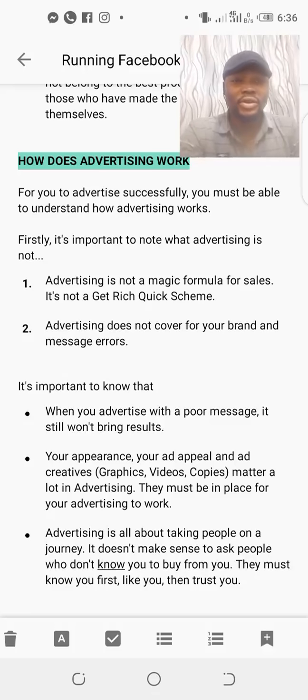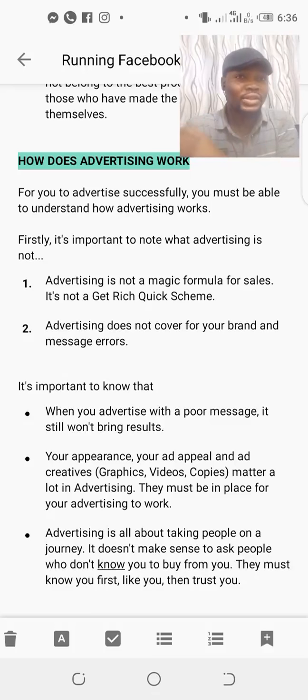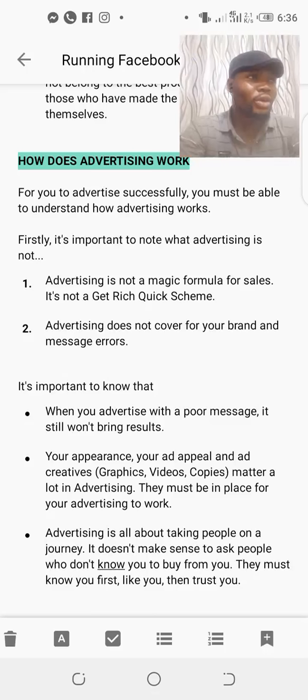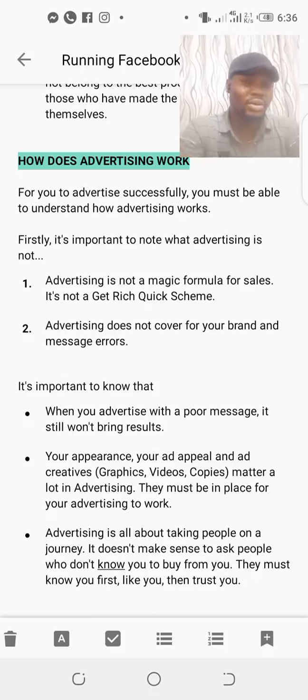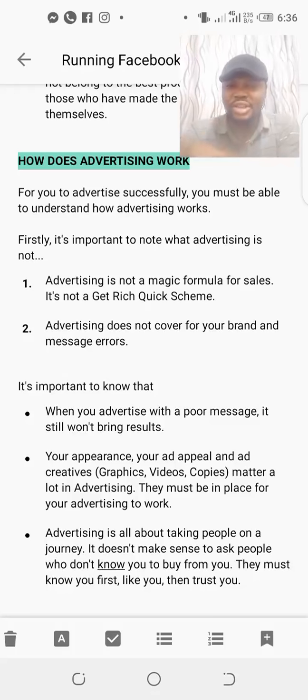There are still many things that we are going to be building on the fact that your creatives are in place, your brand is in place, your message is in place. Until your message is in place, we don't expect you to run adverts. So before you say you want to run ads, first ensure that the message of your brand is in place.